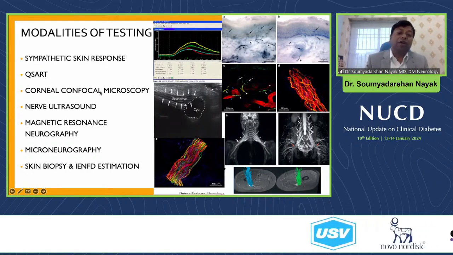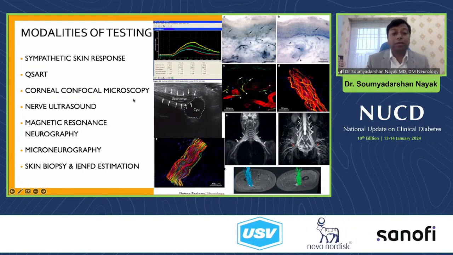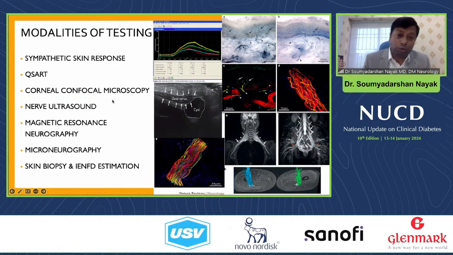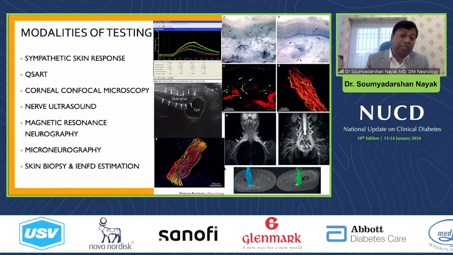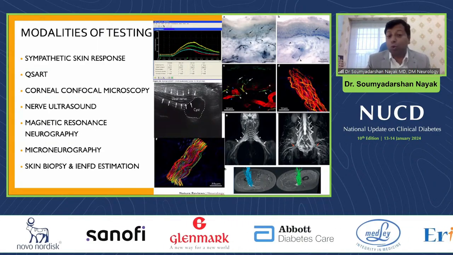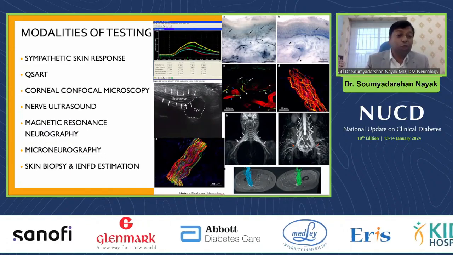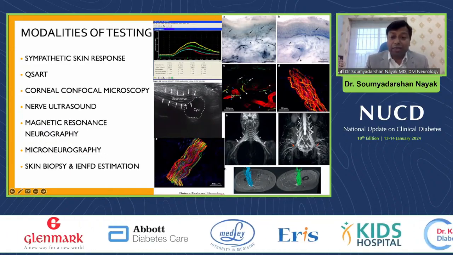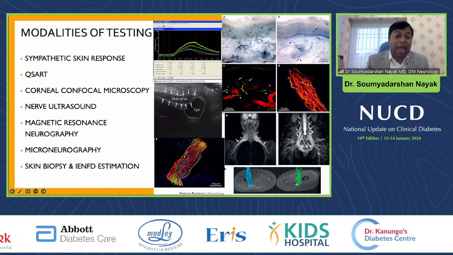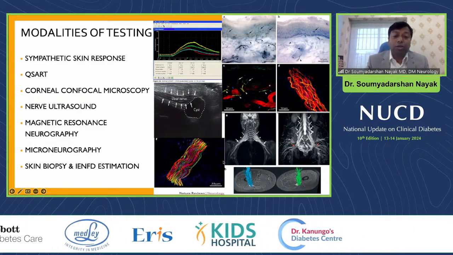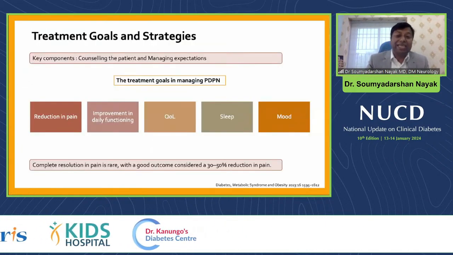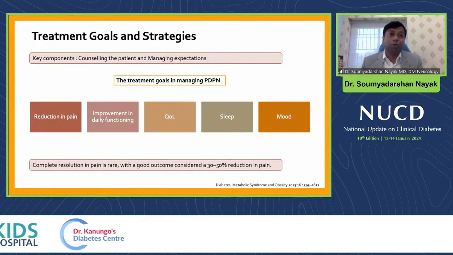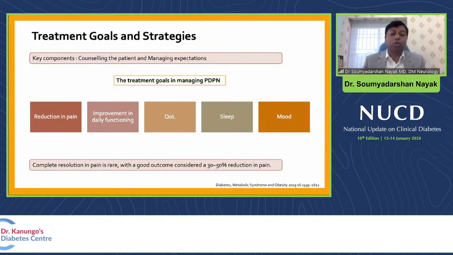And if you are referring to an ophthalmologist, do get a corneal confocal microscopy, which has a very high sensitivity in the tune of 85 to 86% in most studies. Apart from that, newer techniques like magnetic resonance neurography and nerve ultrasound and the intraepidermal nerve fiber density estimation are newer modalities for diagnosing these small fiber neuropathies.